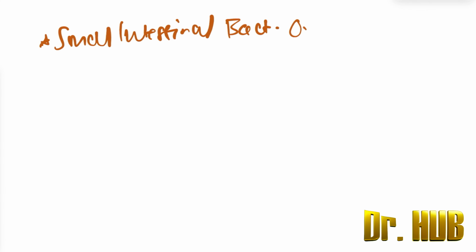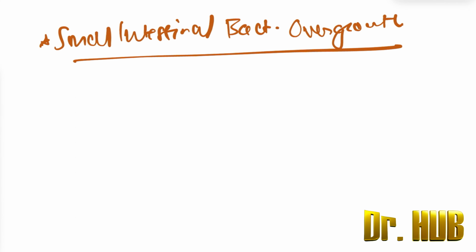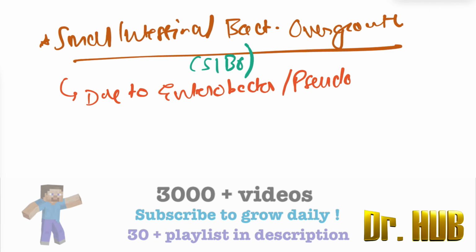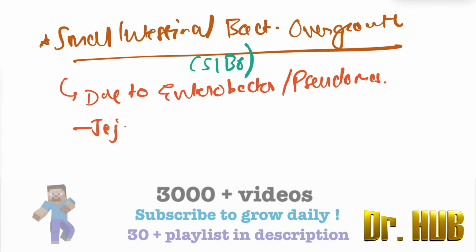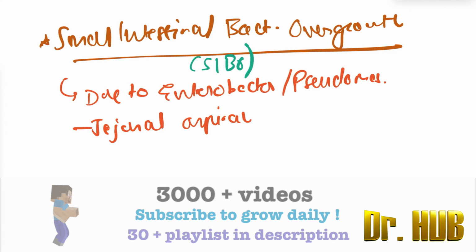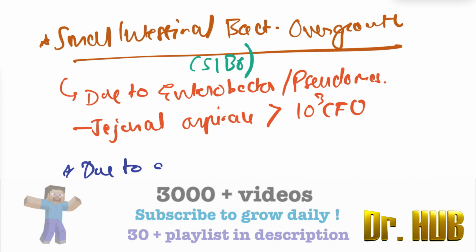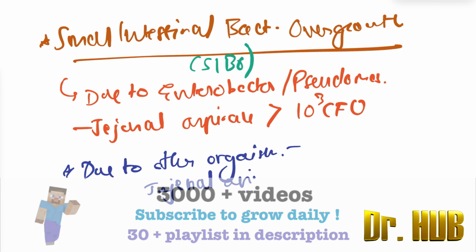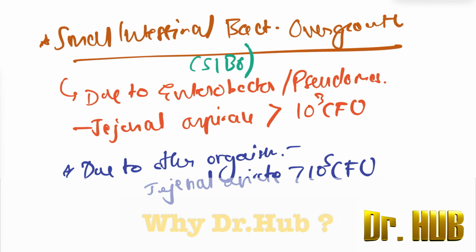In short this is known as SIBO. The investigation is the jejunal aspirate. If it is due to Enterobacter or Pseudomonas, it is greater than 10 to the power 3 CFU, and if due to other organisms, the jejunal aspirate is greater than 10 to the power 5 CFU.